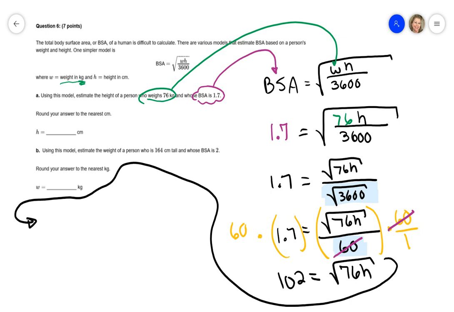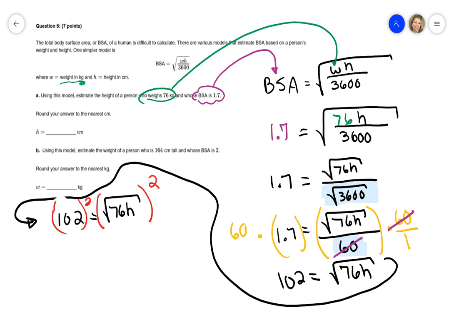All right. So I've got 102 is equal to the square root of 76 times h, and right here I want to get rid of that square root sign. So to undo a square root, you do the opposite, which is squaring. And what you do to one side, you got to do to the other. So I got to square the 102 also.